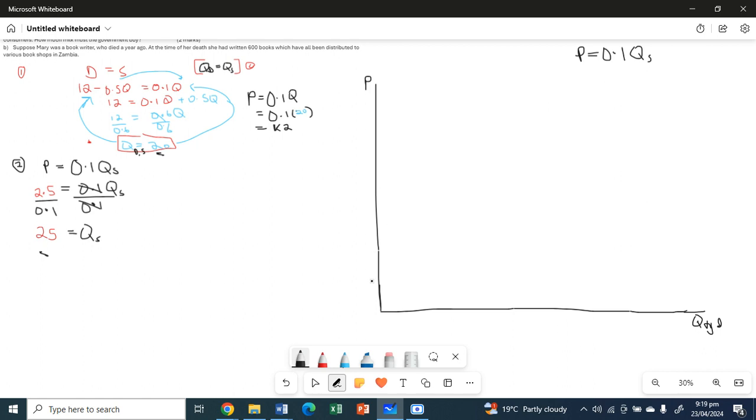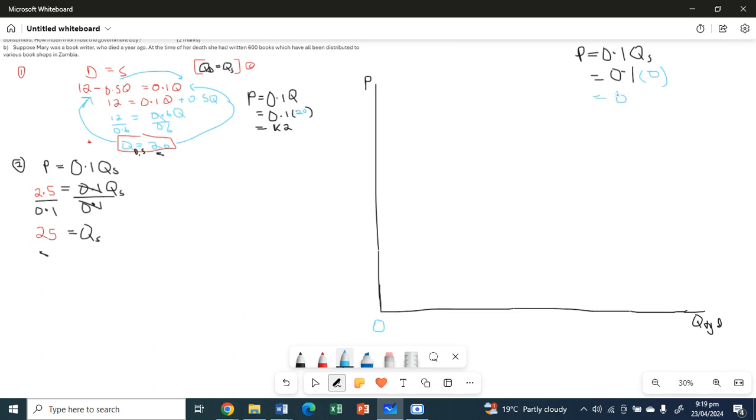In order to do that, just equate Q to 0, okay? Because when Q is 0, you are just focusing on the y-axis. So for the supply function, we're going to say 0.1 times 0, the price is 0.